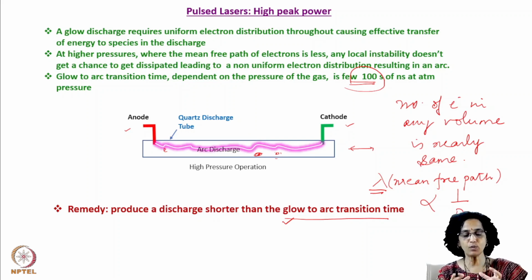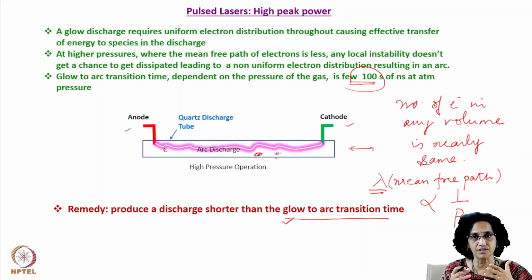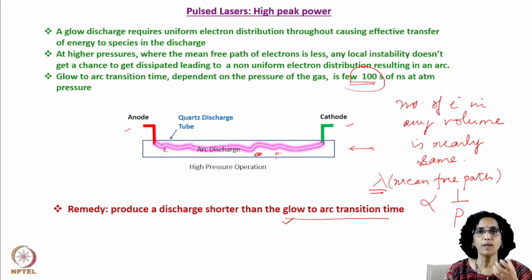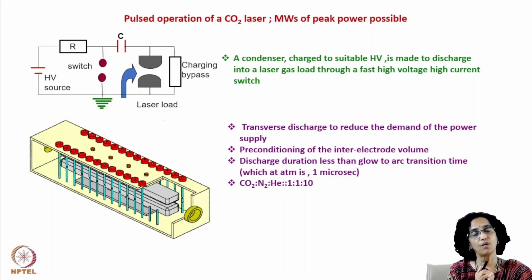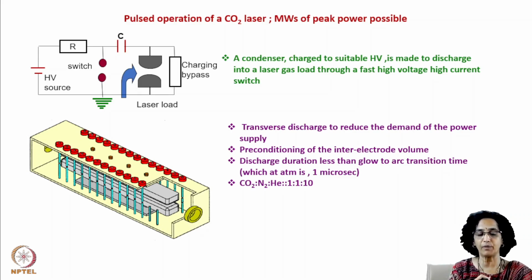Also, because your lasing species population is very large, since you are operating at atmospheric pressure or even high pressure, you can get much higher peak powers. So we come to a pulsed operation of a CW laser, where megawatts of peak power is possible.